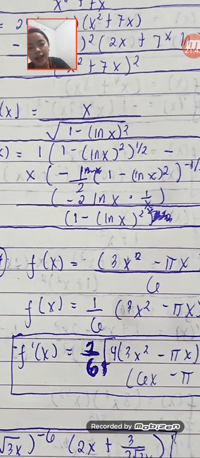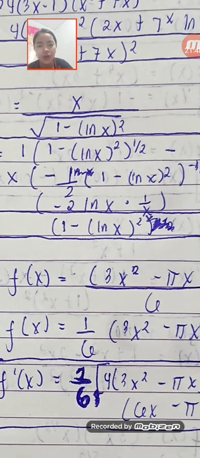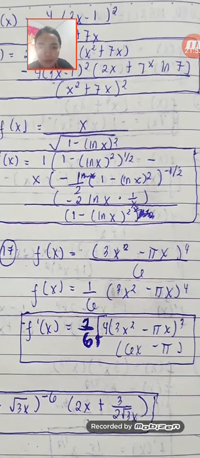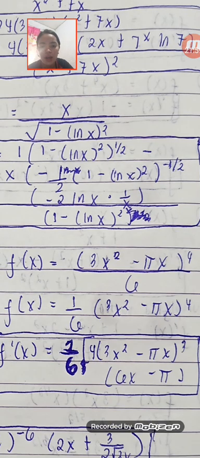Let's deduct it to x, and the derivative of square root of 1 minus ln x squared. So we just need to bring down the 1/2. That's why we come up with this. Negative 1/2 multiplied by 1 minus ln x squared raised to the power of negative 1 over 2.